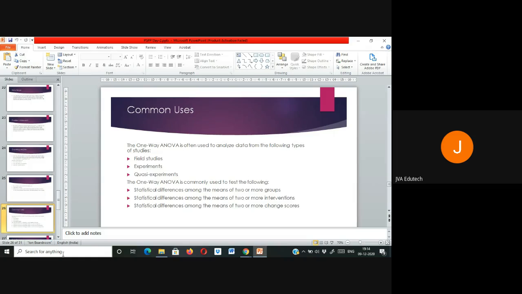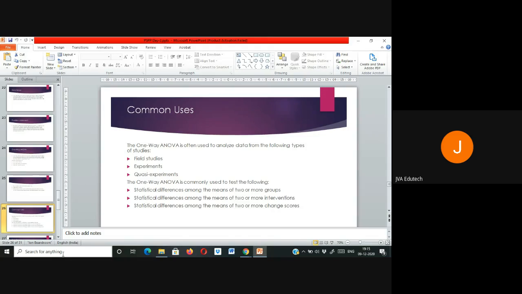Now, the common use of this test is that it is often used to analyze data from the following types of studies: field studies, when you have many groups; experimental studies, when you have many experimental groups; and quasi experiments, meaning you are not in a laboratory setting, not doing an actual experiment, but you are doing quasi experiments.